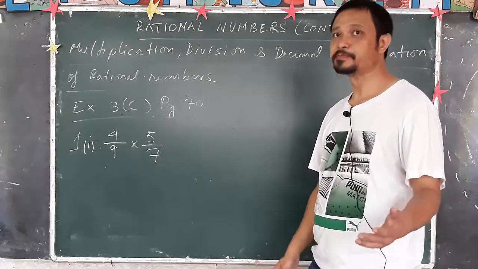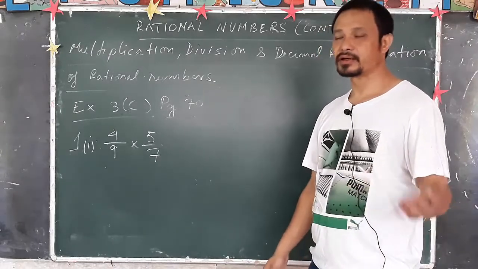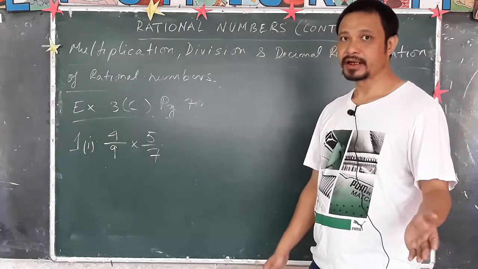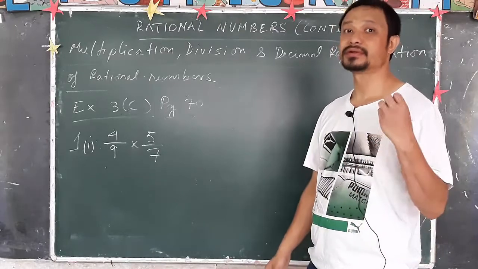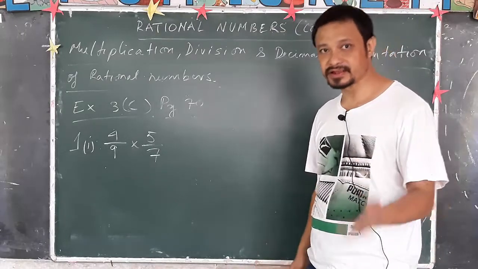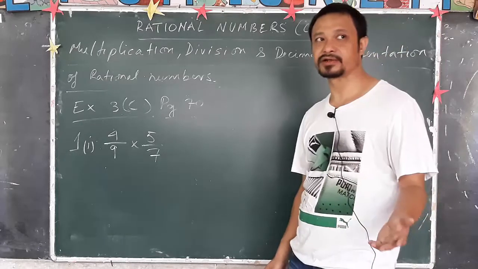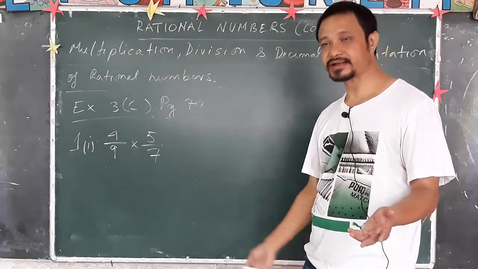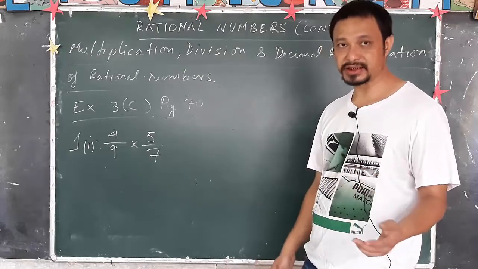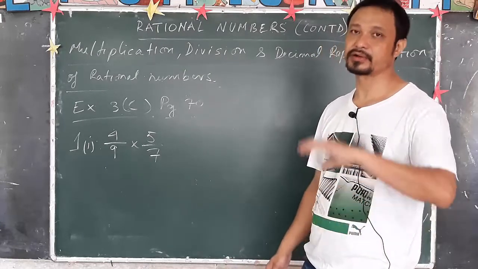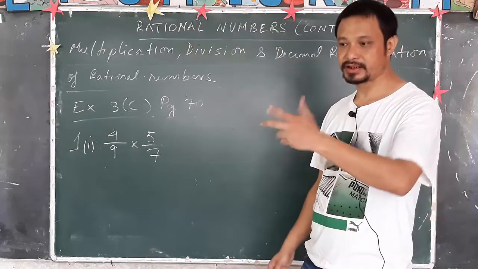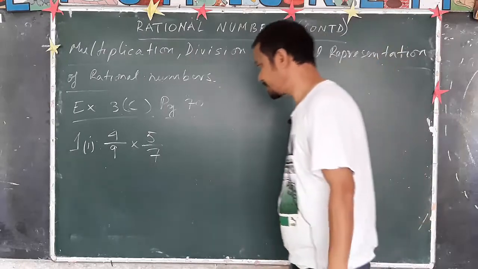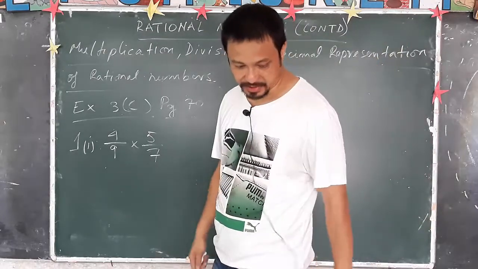I told you when it is subtraction and addition, you find the LCM of the denominators, and when it comes to multiplication, you directly multiply the numerator versus the numerator and the denominator versus the denominator. And in terms of division, it is the reciprocal of the second rational number. The sign changes and the number reciprocates, or it becomes a reciprocal. That means the denominator becomes the numerator and the numerator becomes the denominator. Okay, we'll come to that, but first let's deal with multiplication.